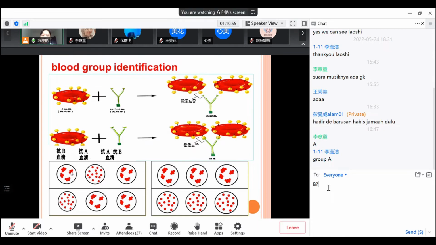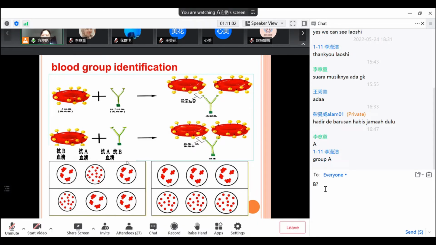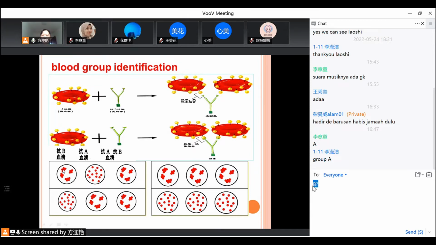First, we can see the anti-B antibody and anti-A antibody, and also both anti-A and anti-B.